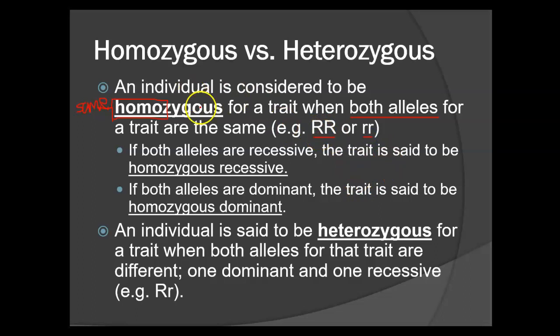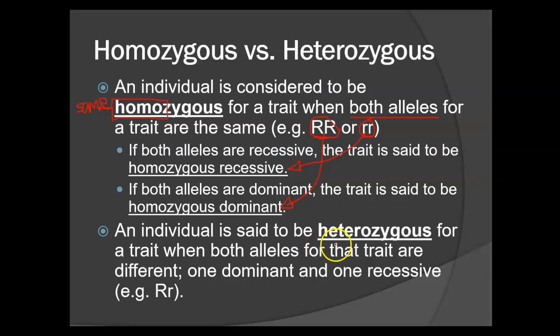In other words, their alleles are identical. If both alleles are recessive, like this individual here, they will be considered homozygous recessive. If both alleles are the dominant allele, like in this individual here, we would call them homozygous dominant.